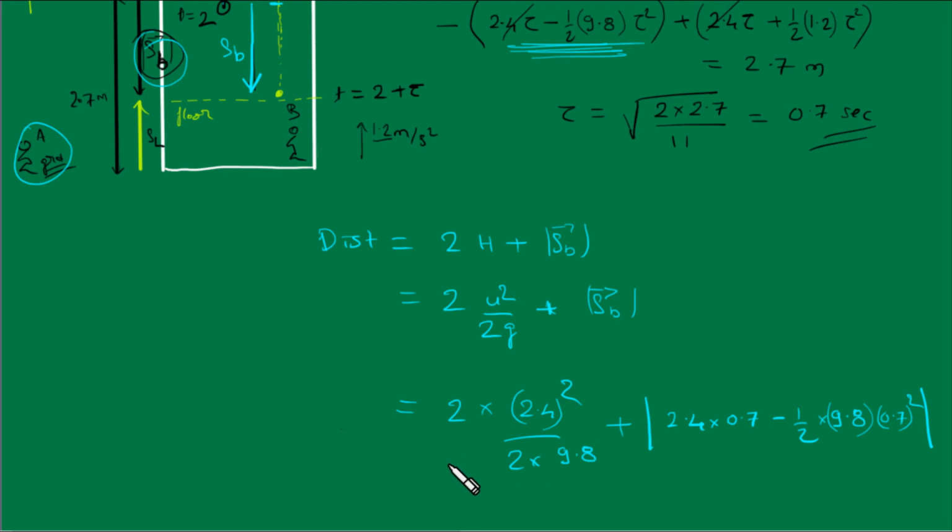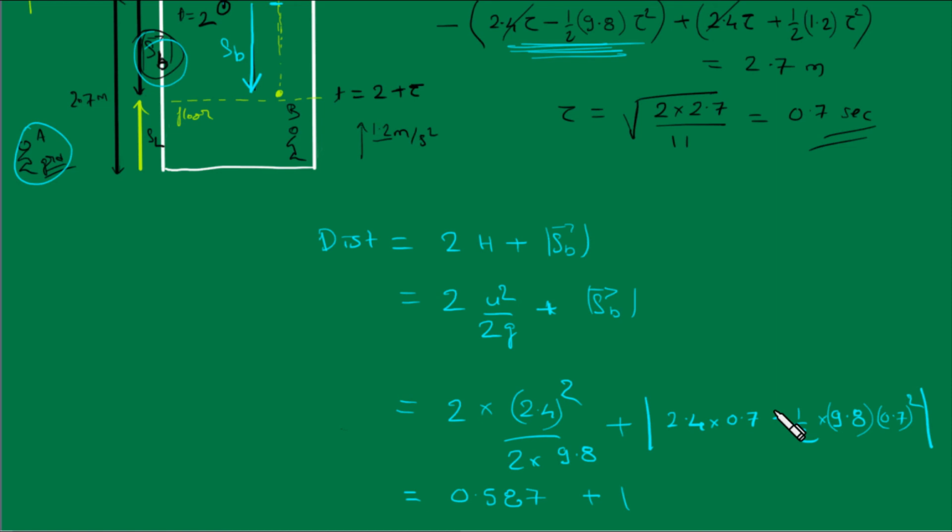This first term we are getting here as 0.587. Okay, fine. And how much is this term? Let me solve it. 2.4 into 0.7 minus 4.9 into 0.49, this is 0.7 square. So we are getting minus 2.401.